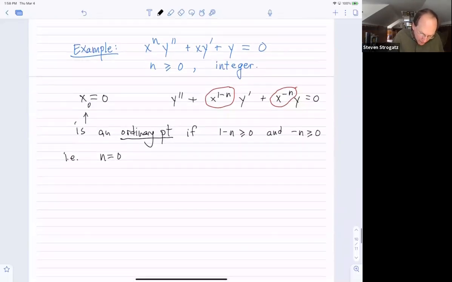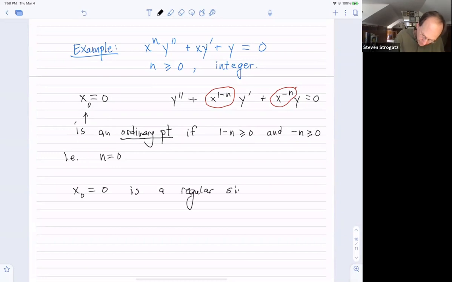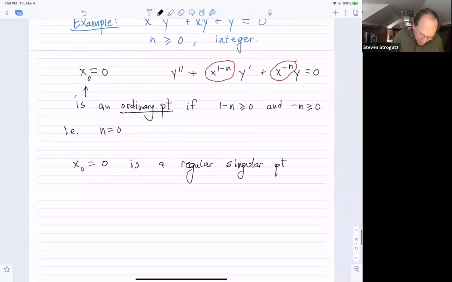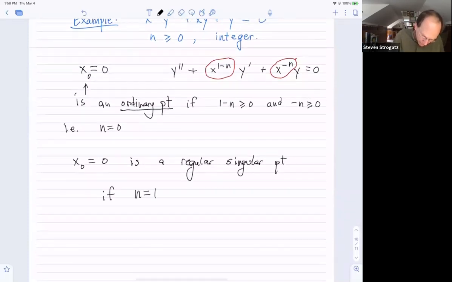Can I get a regular singular point? Yes. Turns out you get a regular singular point if n equals 1 or 2. You can check that because this term will not be more singular than 1 over x squared, and this one's not more singular than 1 over x in those cases.